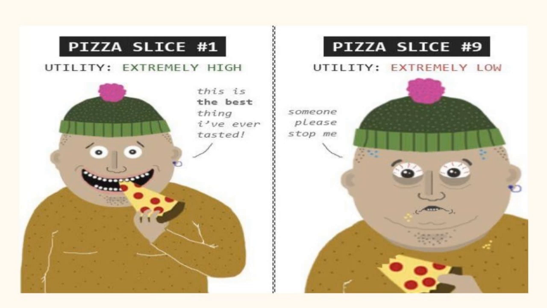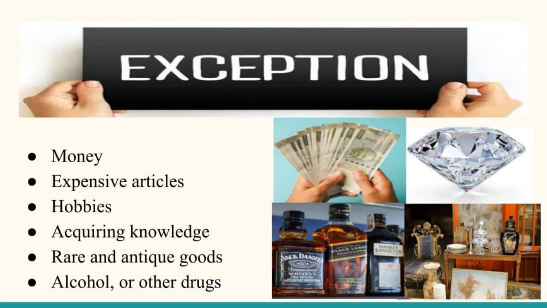And when the same consumer is consuming the ninth slice of pizza, the satisfaction level of the consumer is extremely low, and he is saying that someone please stop me. It means that obviously he has already attained the point of satiety or point of saturation, but he was still going on consuming extra slices of pizza. So he is now experiencing negative marginal utility.